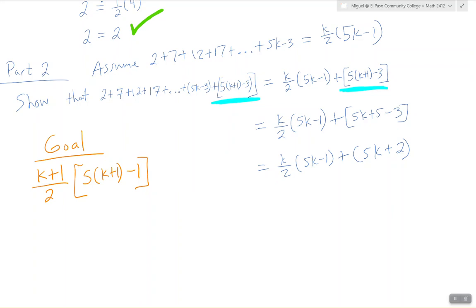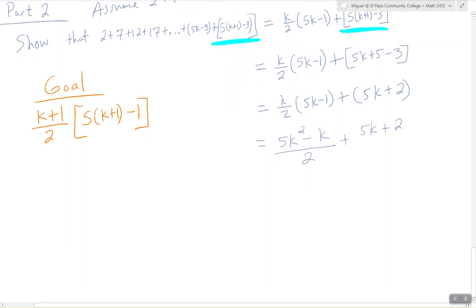Yeah, multiply that out. We would get 5k squared minus k. This will be over 2, right? Plus 5k plus 2.